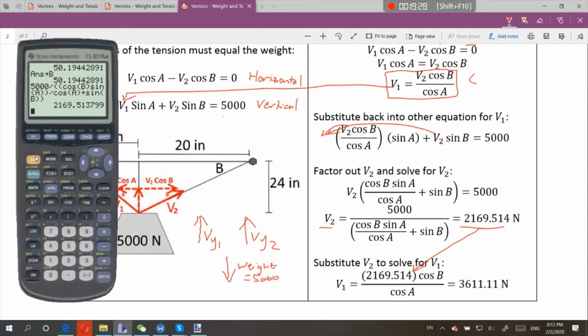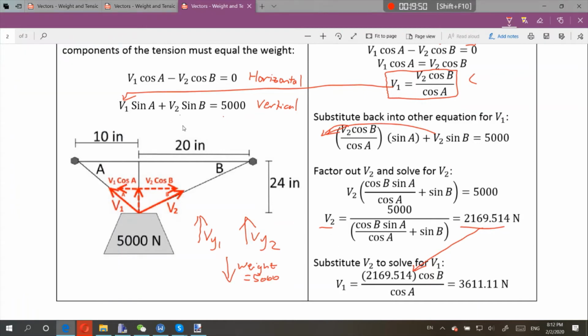I'm going to take the answer we just got and multiply times the cosine of B, and then divide by the cosine of A, to get 3611.11 newtons. So those are V1 and V2, or the total tension in line 1, this V1 going here, and our total tension in line 2, V2 going this way.